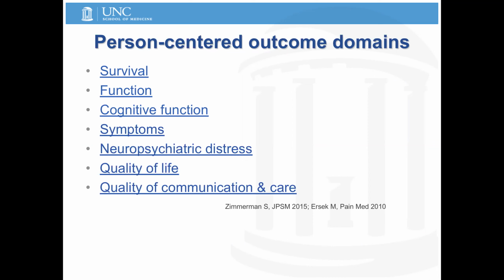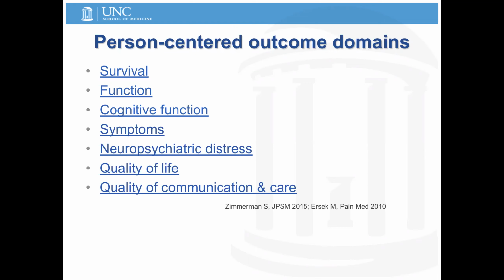Symptom distress, I've shown you some of the data about symptom distress in dementia. We need more interventions to address pain in people living with dementia, neuropsychiatric symptoms for individuals living with dementia, feeding symptom distress, which affects both family caregivers and the individuals.